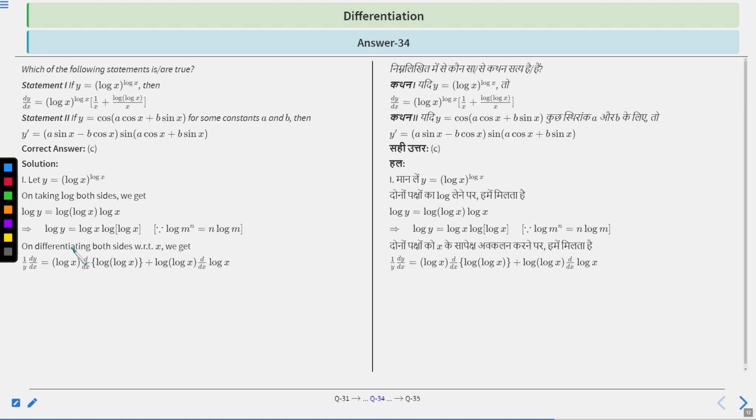Since log of m to the power n is basically n log m, on differentiating both sides with respect to x, we get 1 by y dy by dx is equal to log x times d of log log x, using the product rule.